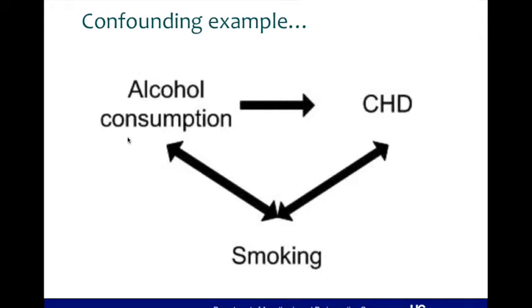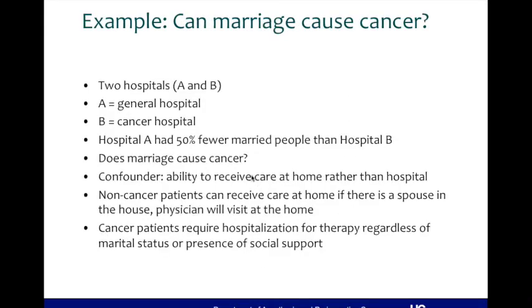So if people, when they have a drink, pick up a cigarette as well, this may actually be the stronger influence on ischemic heart disease, which is known experimentally by numerous types of data, by animal data, by preclinical data, etc., and by big epidemiologic studies. So it would be likely to say that smoking is the confounder here when you're looking at the relationship of alcohol to ischemic heart disease.